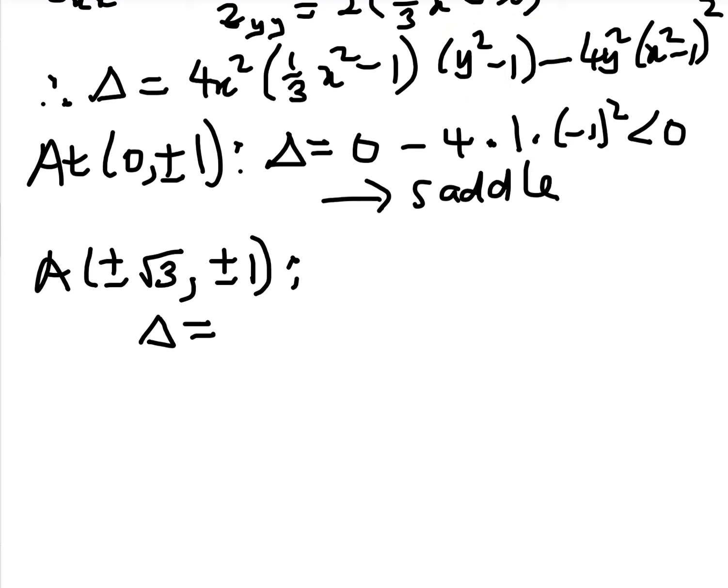So the delta from the first term is going to be 0. And then in the second case, if you put these x and y values, it's certain that this is going to be minus 4 times some positive number. So we get this is 2 squared. If you work that delta out, this is clearly negative. So here too, we get saddles.